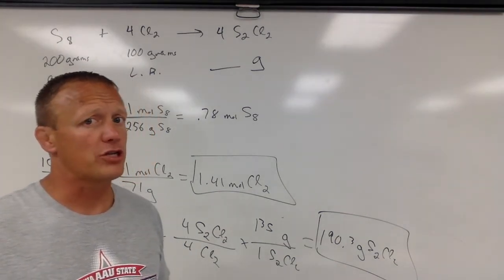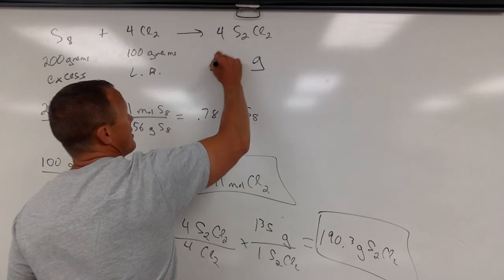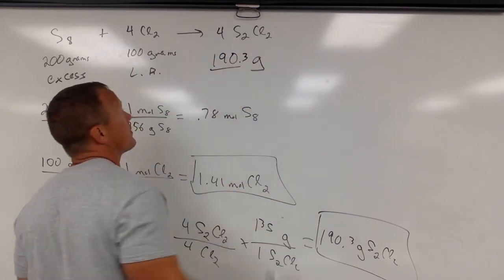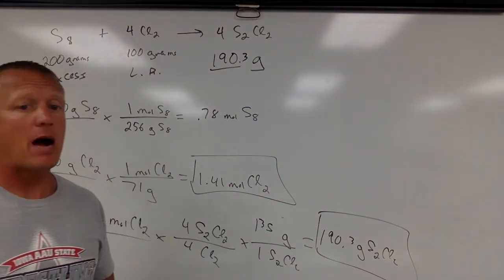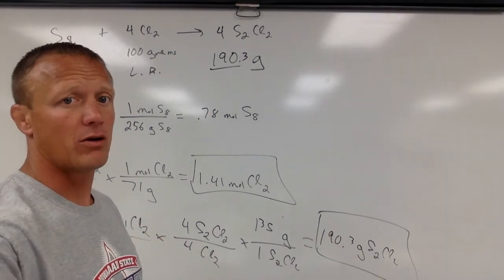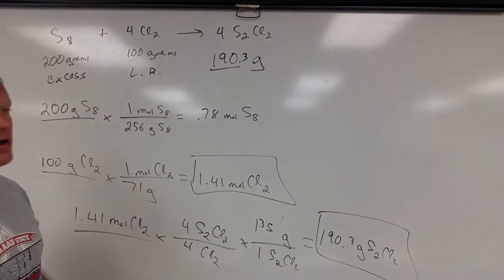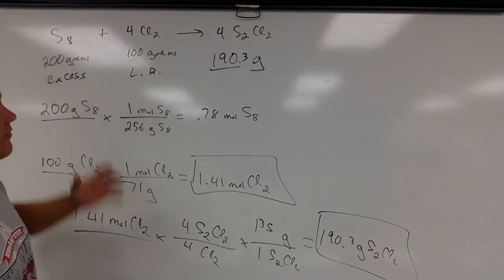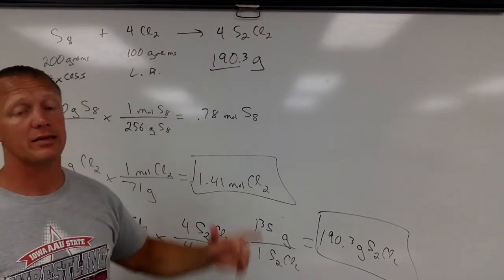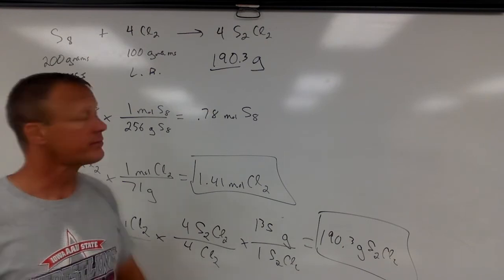The other question I'll ask you a lot is, how many grams of the excess are left over? So we know this is limiting, so there's none of that left. All the chlorine will react off. There's some of this left. Well, for a problem like this where there's only one product, it's pretty easy to figure out.